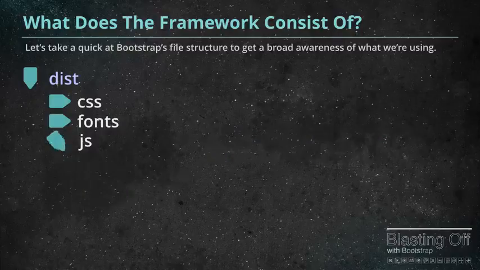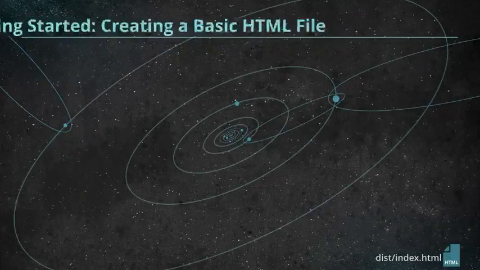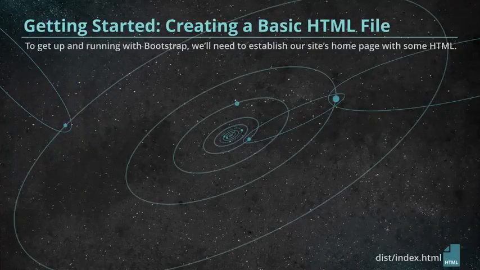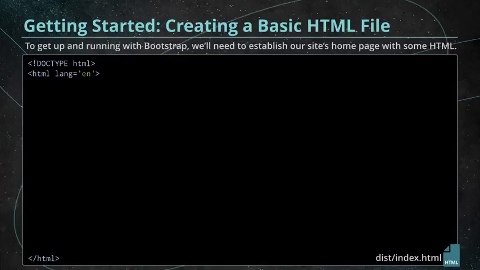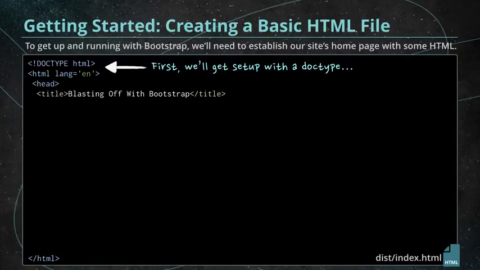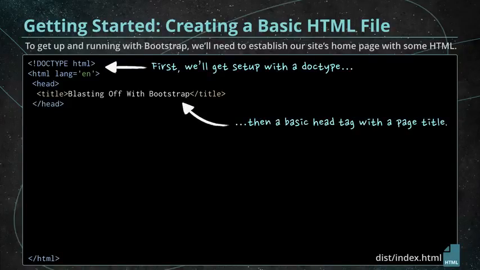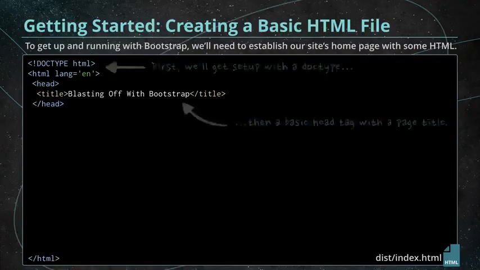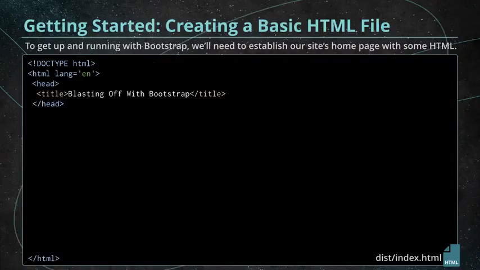To start out, we're going to create an index.html file inside of that dist folder. In this file, we'll start off by adding some of the usual things you'll see in any HTML file. We'll add our doctype and an HTML tag with our head and title tag, same as any page. To follow that up, we're going to start by adding some sample content on our page. We'll begin by adding a lot of our headers.